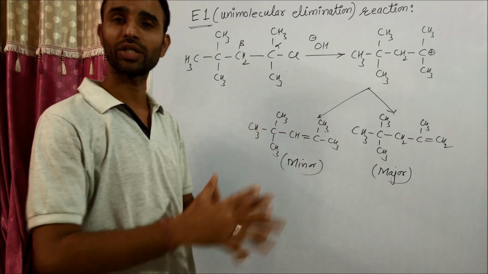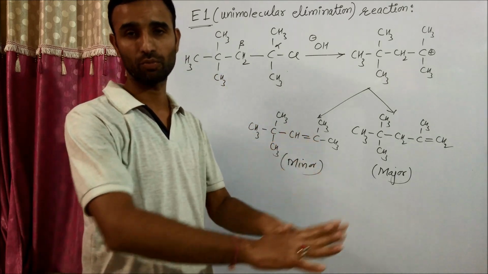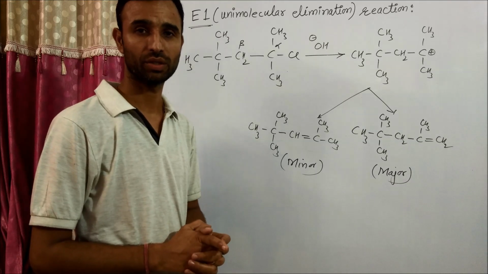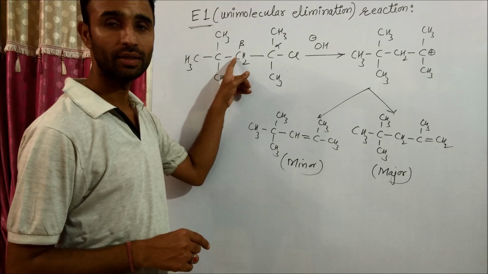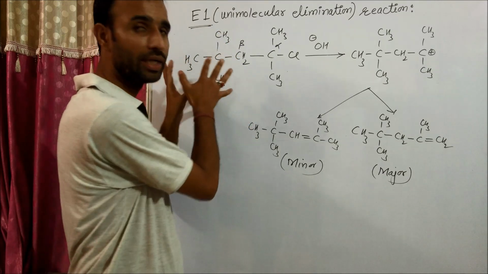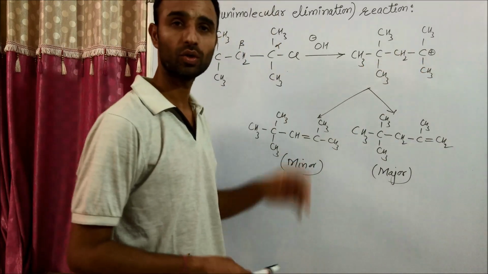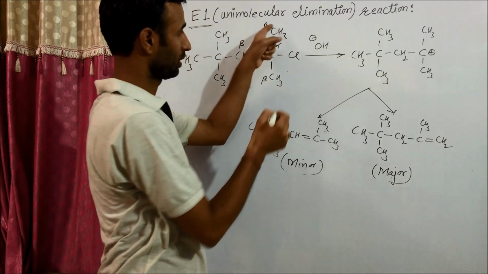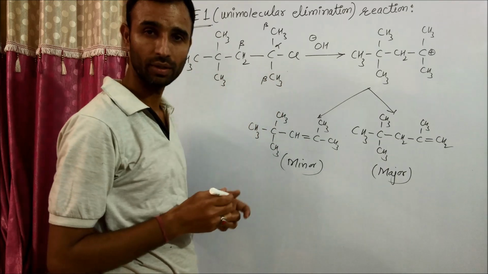Now in E1 reaction, as I said earlier, Saytzeff product is the major product, but there is one limitation. If the beta carbon on one side is sterically hindered, highly substituted, then see this carbocation, there are two options: either the least hindered hydrogens are removed, or the more hindered.